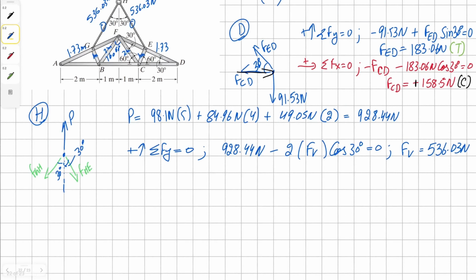Now we can move on to joint E. At joint E, we have our force from member ED, which we have already found, and it is 183.06 Newton. Then there is an unknown reaction force in member EC, and another unknown force FE.